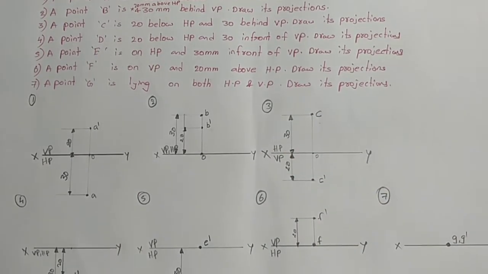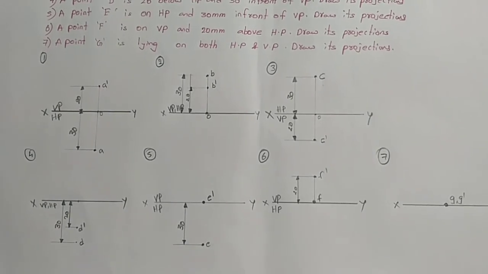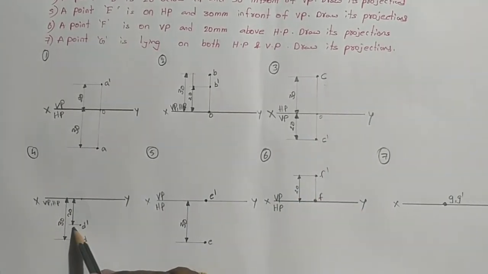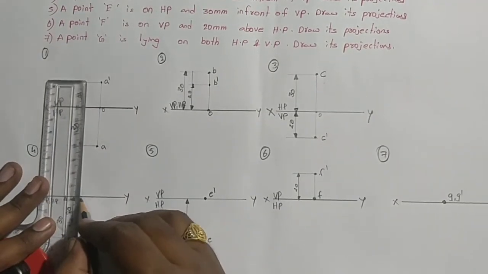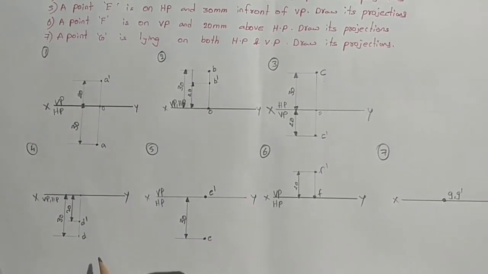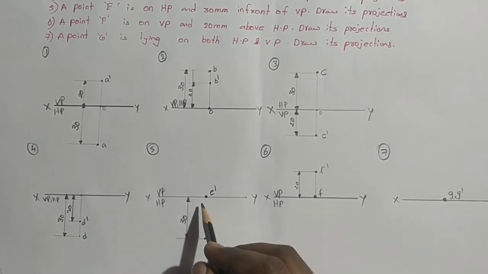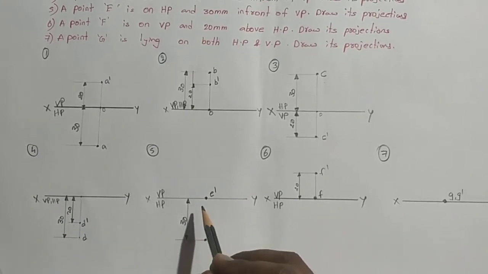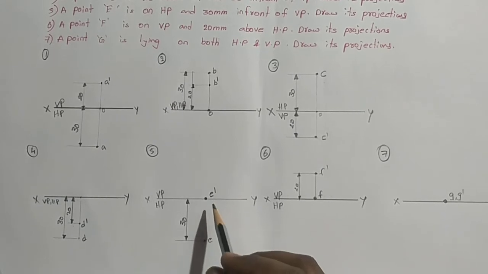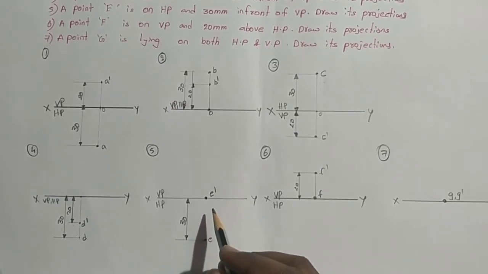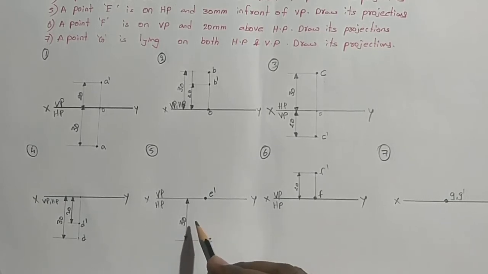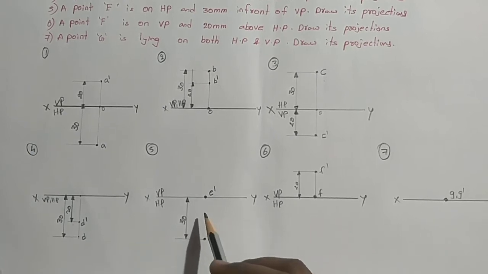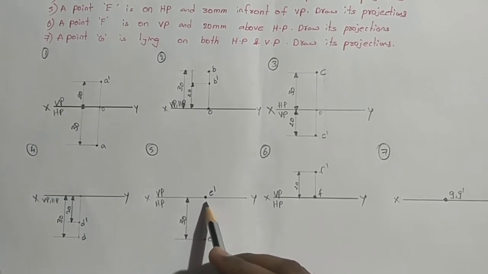Next, in the fourth condition, the point D is 20 mm below HP, which means front view, and 30 mm in front of VP, which means top view. Next, in the fifth condition, the point E is on HP and 30 mm in front of VP. In front of VP means it comes below XY; on HP means the front view is on XY.